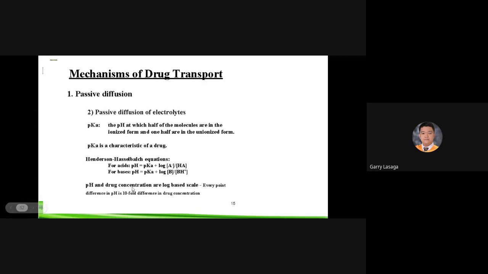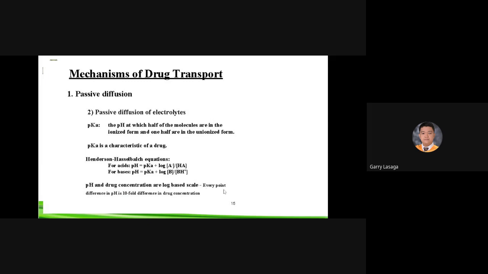So pH and drug concentrations are logarithm-based or log-based scale. So every point difference in pH is a tenfold difference in the drug concentration.